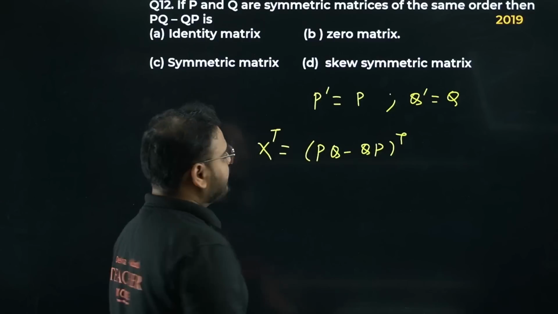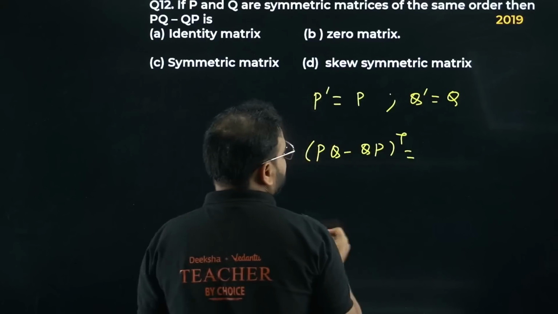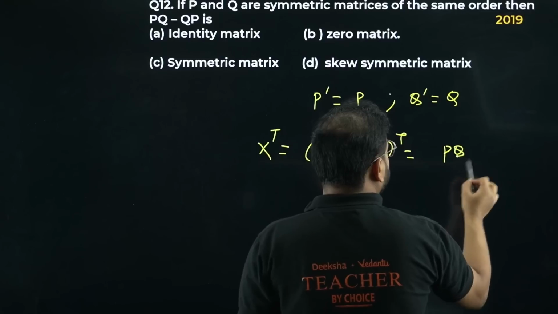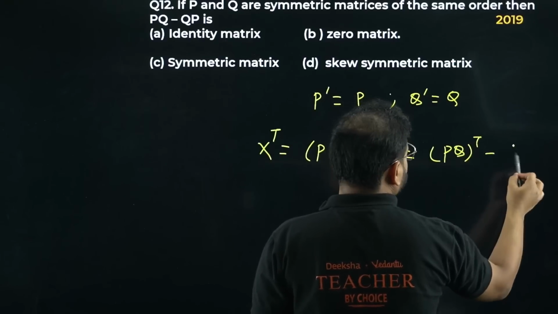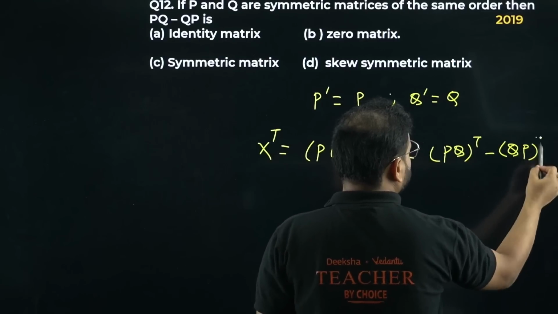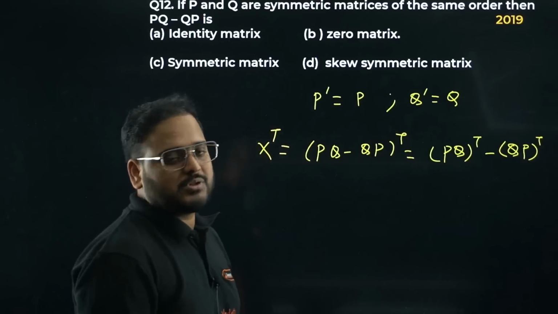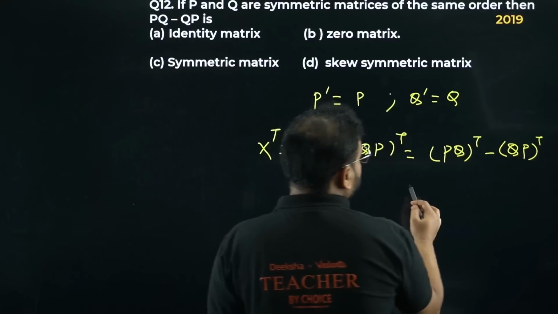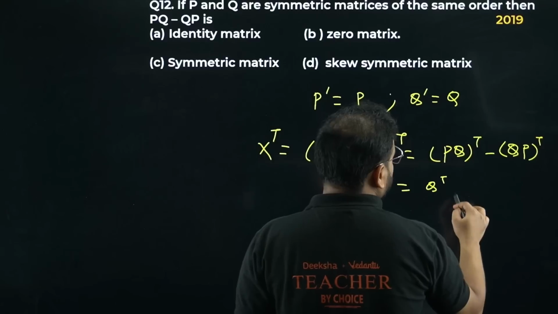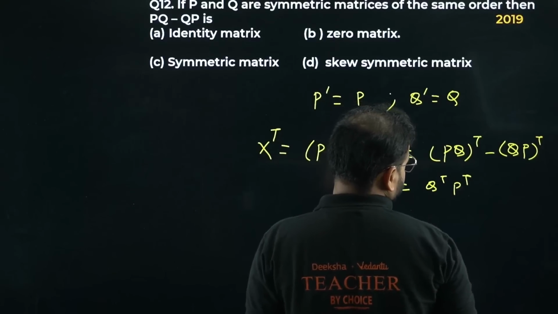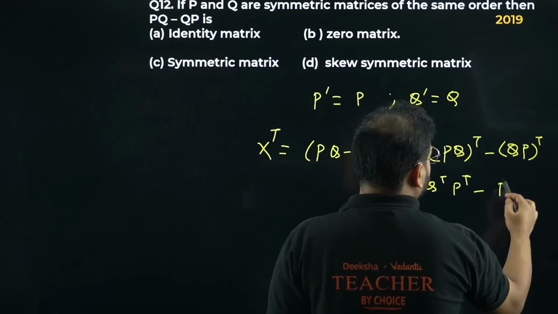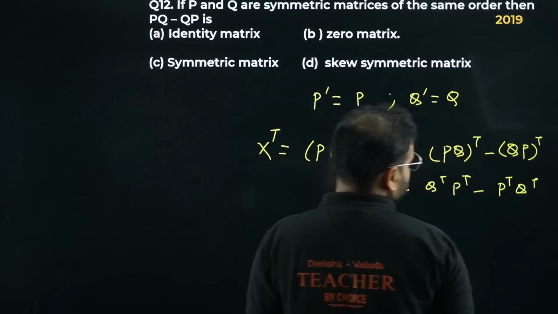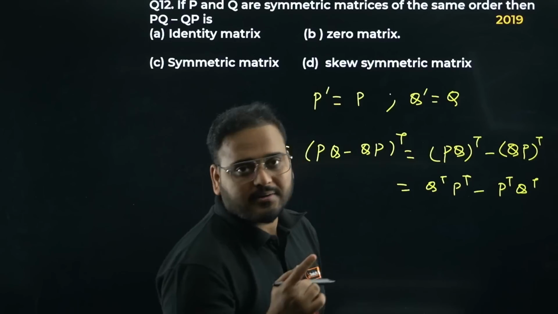Please check what I'm going to get. I'm getting over here (PQ) transpose minus (QP) transpose. That's how you distribute the transpose over the subtraction sign. Now that will become, please check, Q transpose P transpose minus P transpose Q transpose. That's the property of transpose in the product.